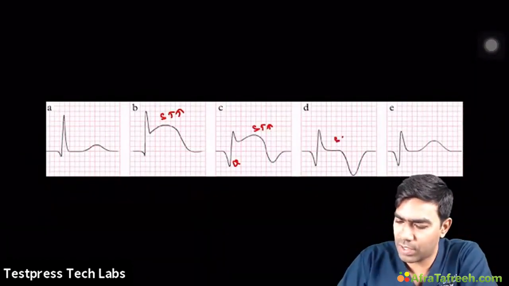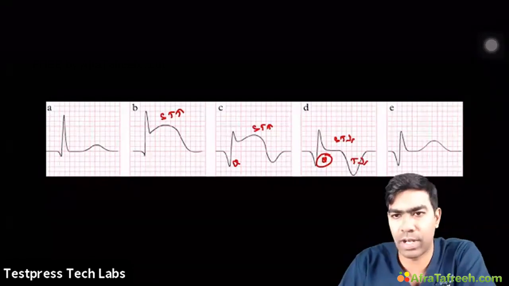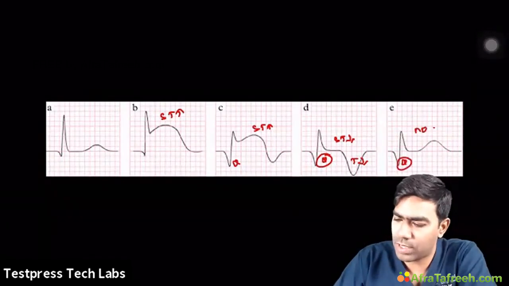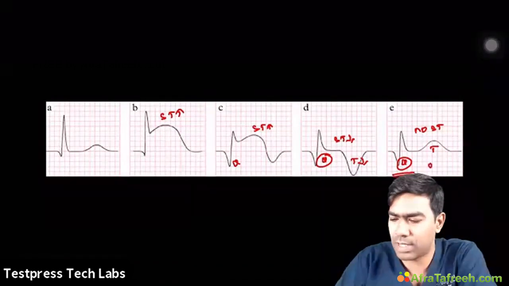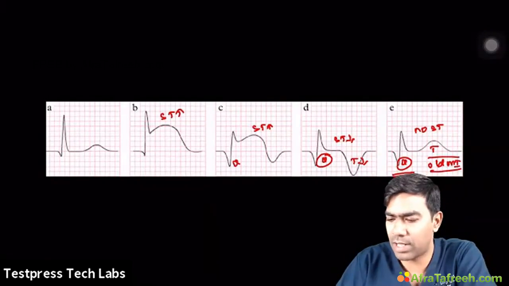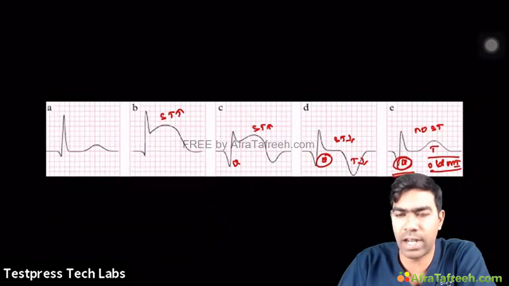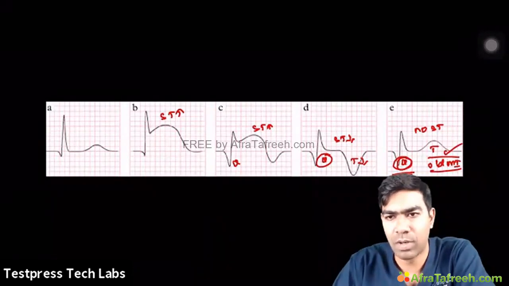Then the ST elevation will further come down, the Q wave will become even bigger, and your T wave inversion will become even deeper. And here you have only Q wave, no ST elevation, and the T wave has become normal. This kind of only Q wave is a sign of an old myocardial infarction, because here there is no salvageable myocardium, which means there is no myocardium that is alive. All the myocardium is dead and not salvageable. That's why we conclude this must be an old myocardial infarction.